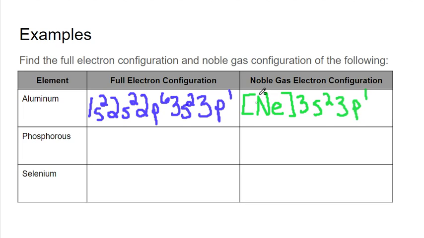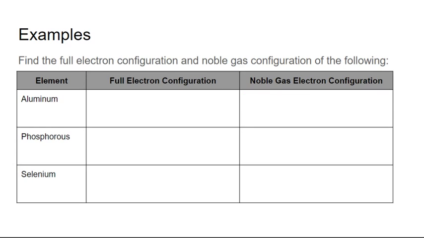Now, the neon in brackets is basically a placeholder for all of this stuff right here: the 1s2, 2s2, 2p6, which would be the electron configuration for neon. Again, the noble gas configuration is a shortcut or shorthand way of doing these electron configurations.